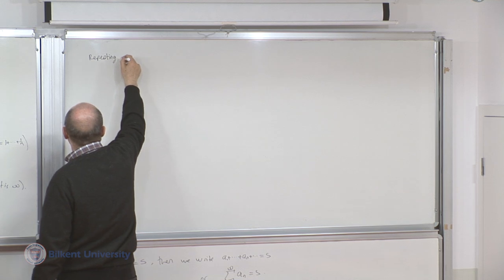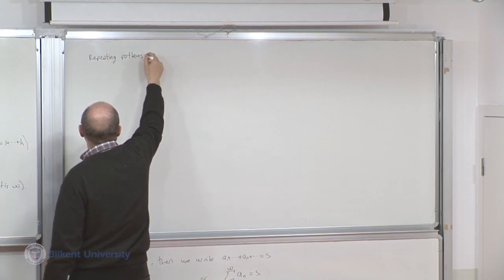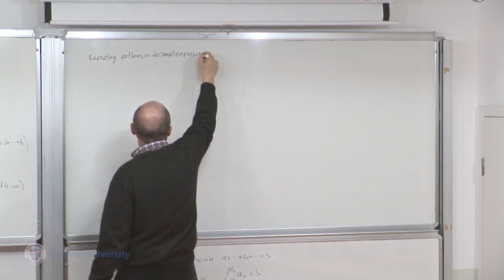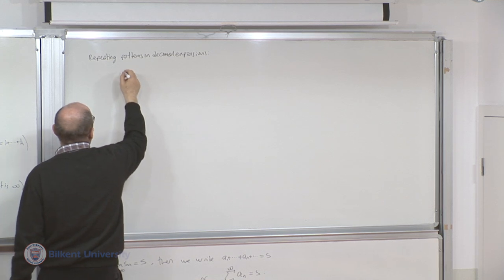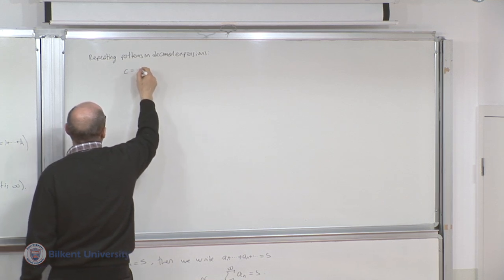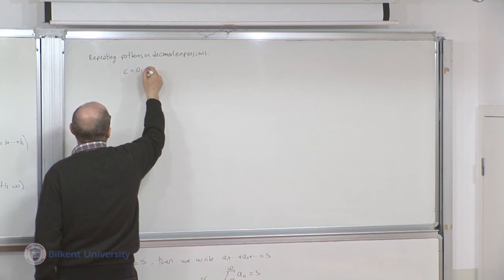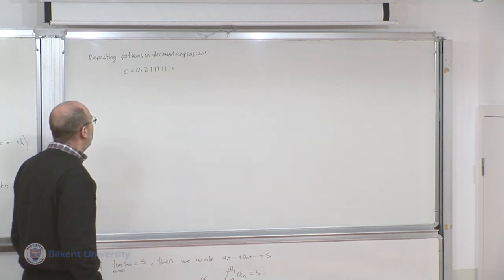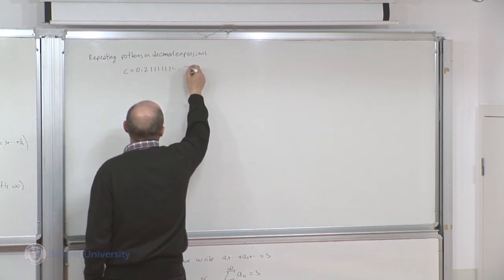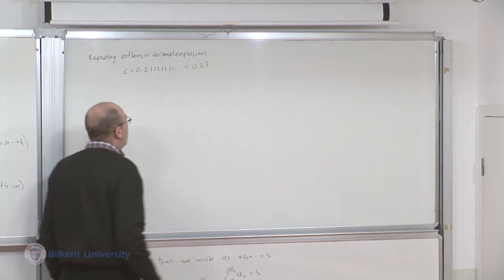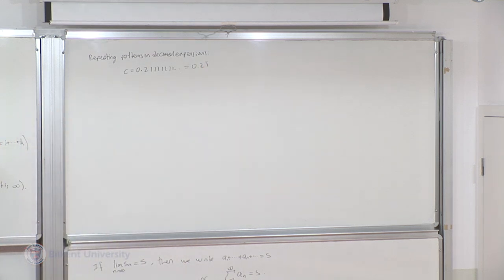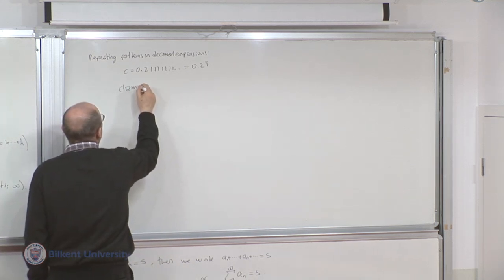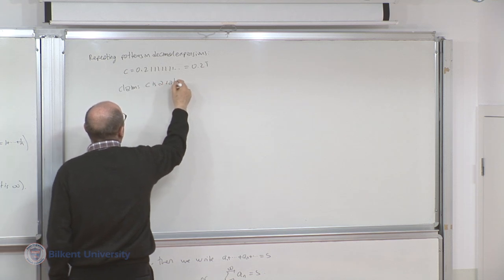Repeating patterns in decimal expansions. For example, let's say C is a number which is 0.21111 something. I'm just inventing this. In high school, they told us that we can write it like this: if a pattern is repeating, you put a bar there. So the claim is that C is a rational number.